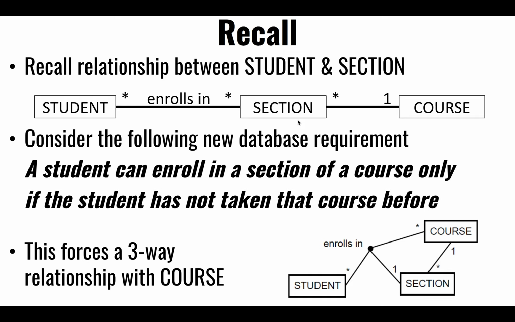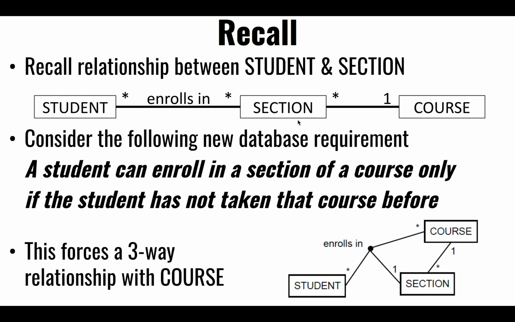So it's a requirement. That means that now we have to keep track of whether you already had that course or not. We weren't keeping track of whether you already had that relationship or not. So somehow, not only did we have a relationship of a student that enrolls with a section with a course, but we also now have to keep track of whether there is a direct relationship between the course and the student.